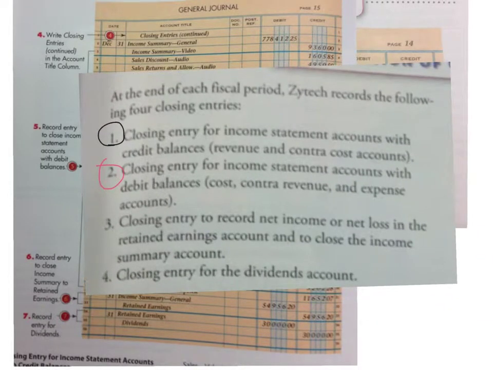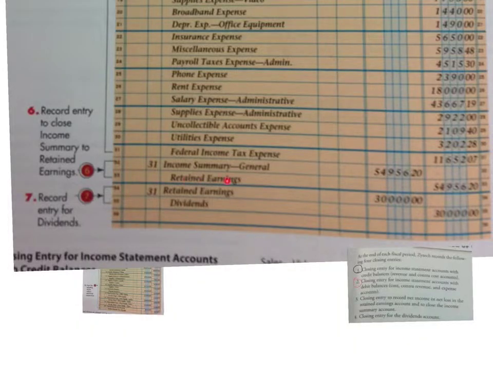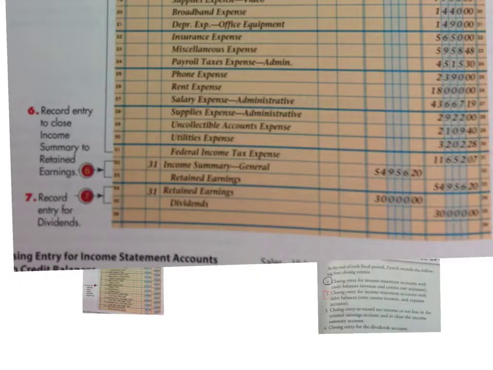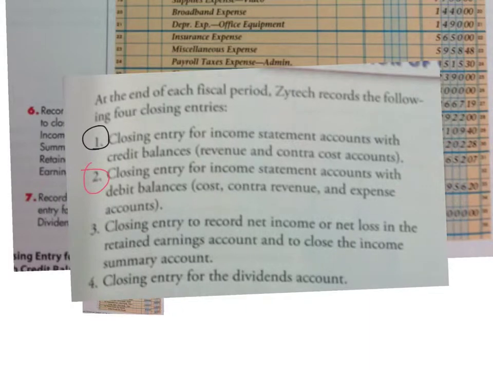Our third closing entry then is to record net income or net loss in the retained earnings account and to close the income summary account. So kind of a double whammy here. So we close the income summary into retained earnings. What that does is takes any money that we gained or lost, and that puts it into our retained earnings account, which retained earnings is money that the company has held on to for future use in the business.